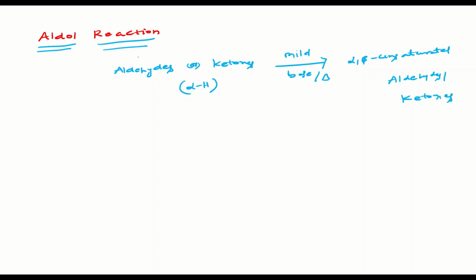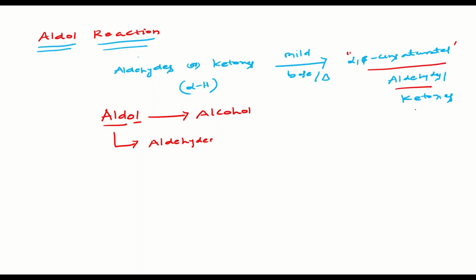So what is aldol? Here, ald means aldehyde. Ol means alcohol. Here you may ask one question: sir, you have written alpha, beta unsaturated aldehydes and ketones, but where is the alcohol coming from?